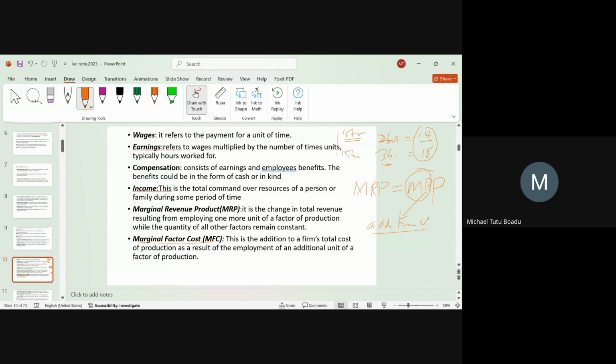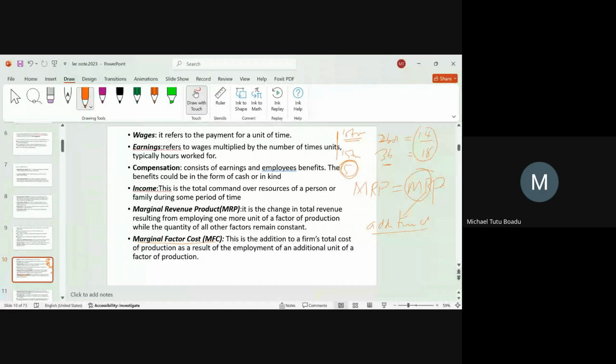So the difference between the 10 and the 15 is 5. So this 5 tons of resources you have used, how much did it cost you? That is the additional cost. So marginal factor cost is the addition to a firm's total cost of production due to the employment of an additional unit of a factor of production.